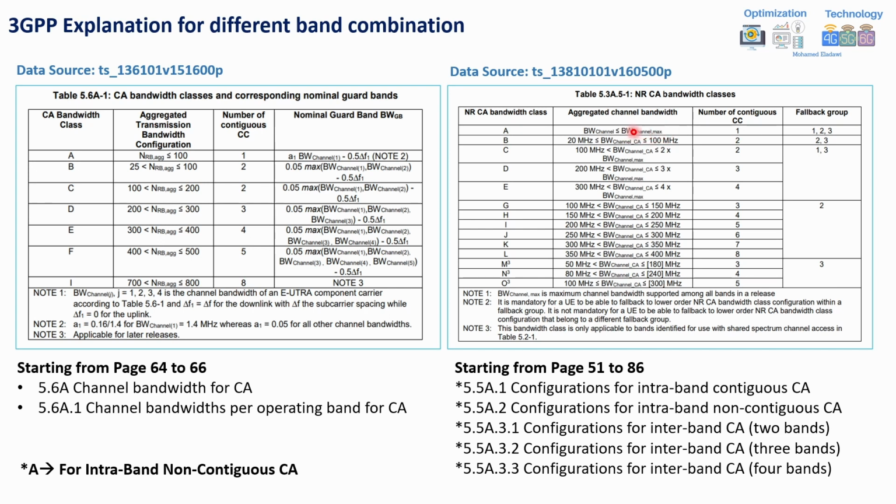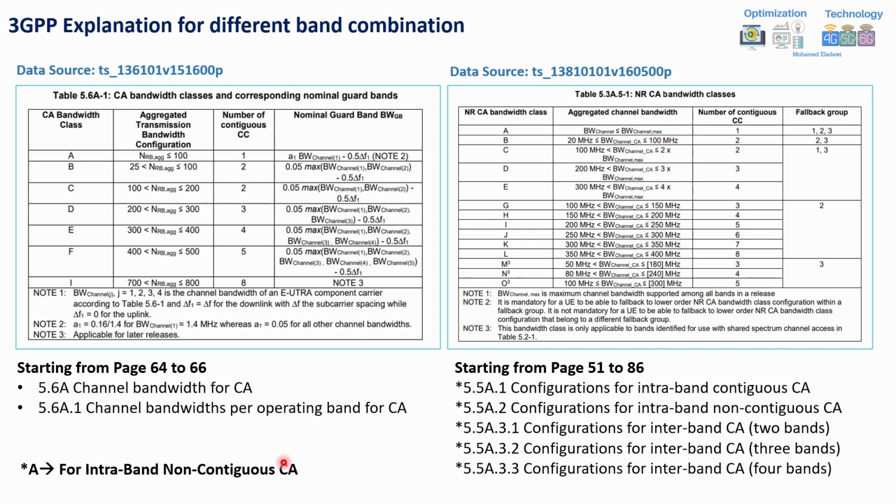For example, if you have N78A, N78 maximum bandwidth can be 100 megahertz. This means this carrier can be up to 100 megahertz. Here this one is giving you values like 100 megahertz, up to 20 megahertz, up to 100 megahertz. For example, if you have this one, the two carriers shouldn't cross 100 megahertz, and so on. This is the same explanation.